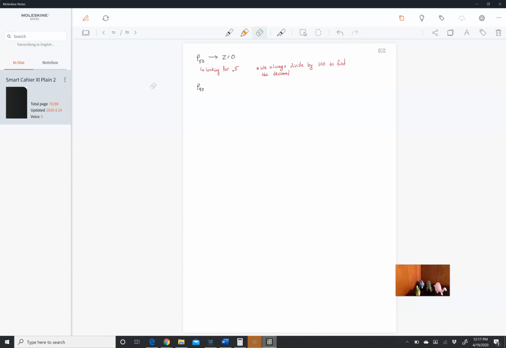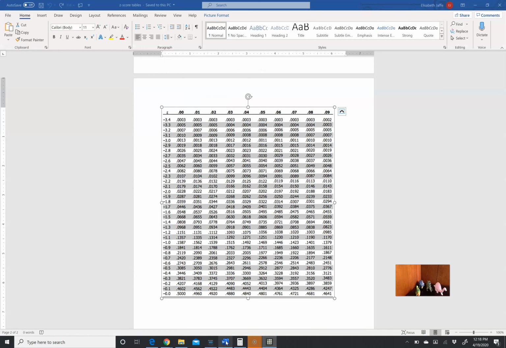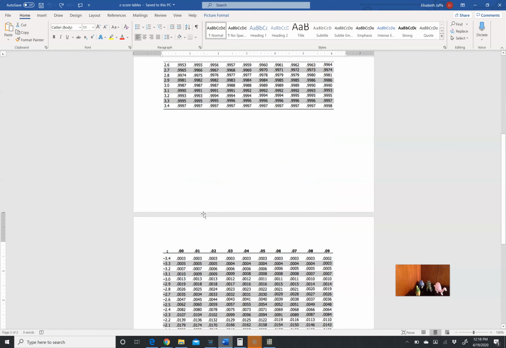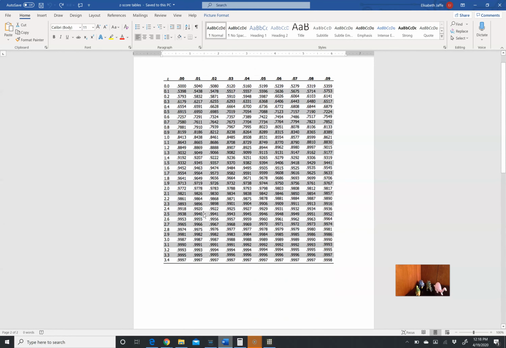If we do P90, we're saying 90% of the area is to the left of our z-score. So we're looking for 0.9. And if we go to our z-score table, we know we're looking at the positives because it's greater than 0.5.